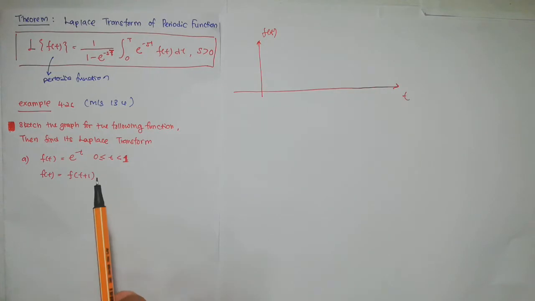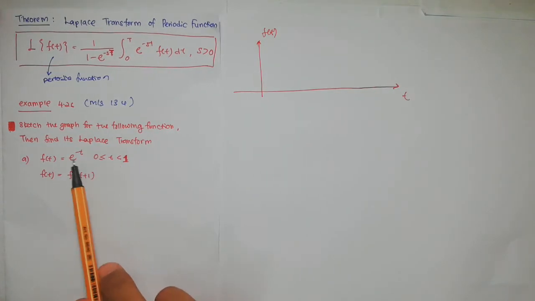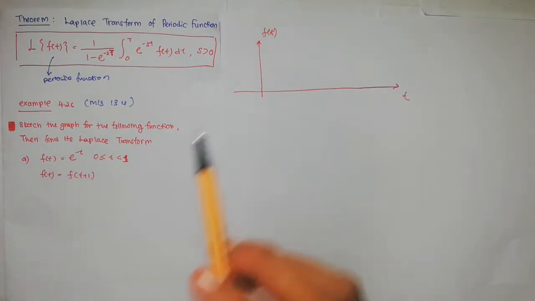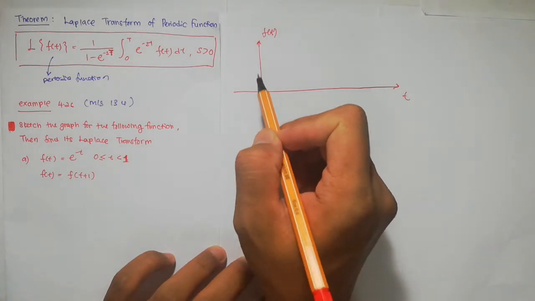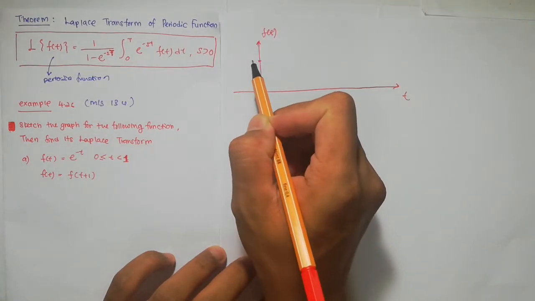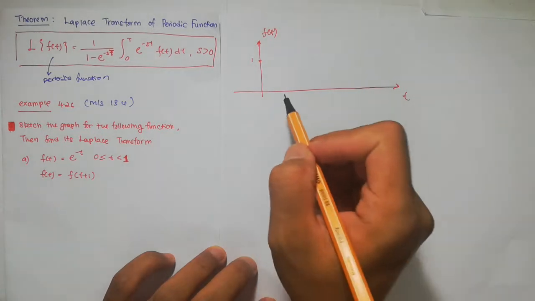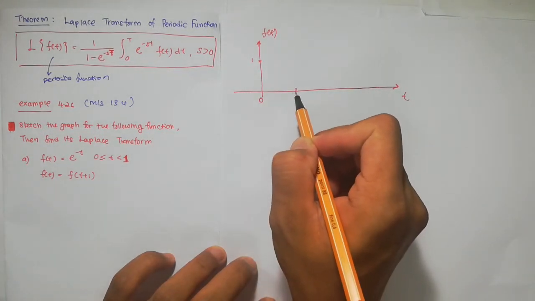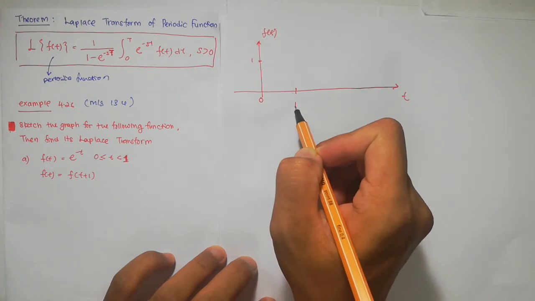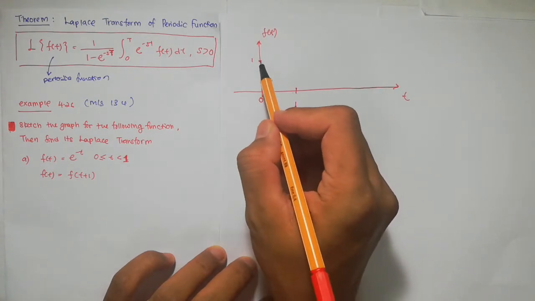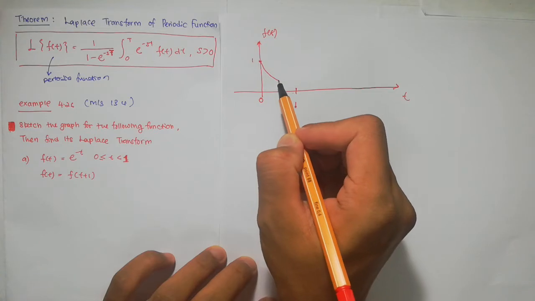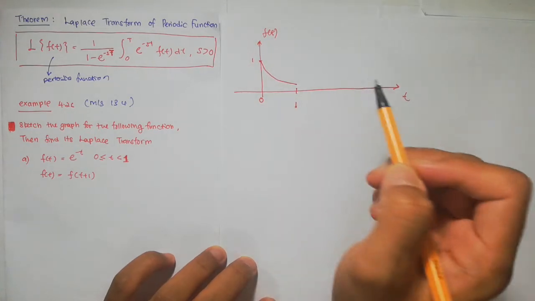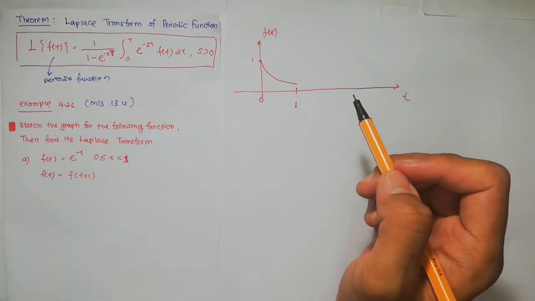Then we draw the first graph from 0 to 1, which is e to the negative t, a decaying exponential. This is the first cycle.